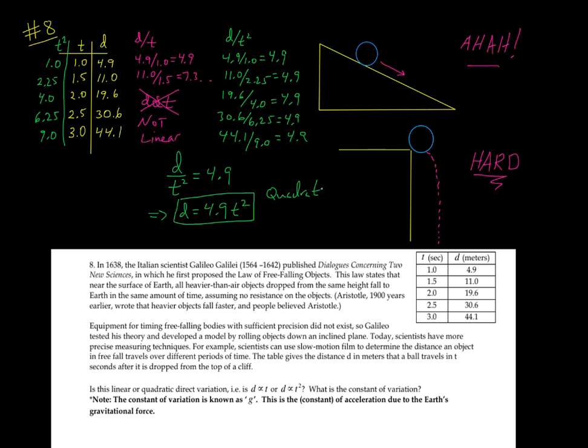And it turns out that the constant due to gravitation is a special constant in physics known as g, which I comment on down below. It turns out that 4.9 is half of that special constant. This constant is about 9.8. Well, that's a good place to stop, and I'll see you in the next section.